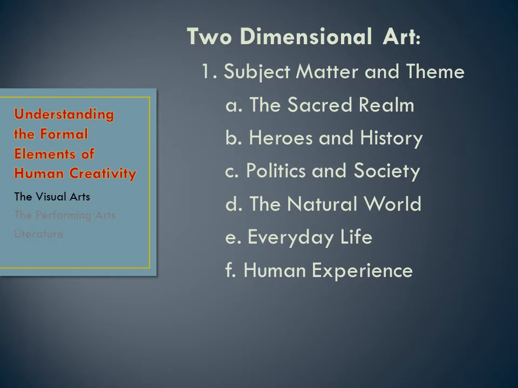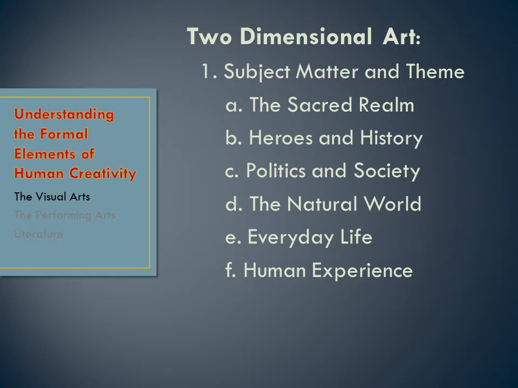In talking about subject matter and theme, we're answering the question, what is this work of art about? Now, it could be about something from the sacred realm. What we mean by that is, it could be something that depicts God or the gods, anything having to do with the supernatural, what is above human experience.